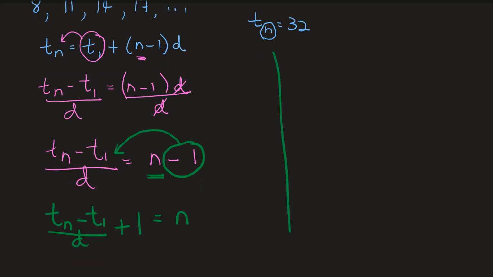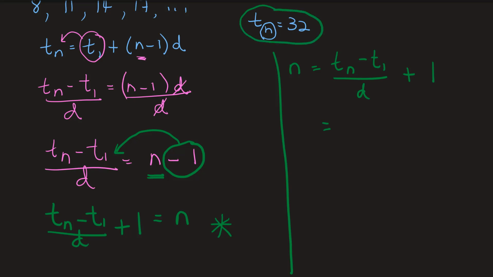Now we can substitute what we know into this equation here. So I'll rewrite it up here. N is equal to Tn minus T1 over d plus 1. Now, I have a value of Tn, and it's this one here in blue.